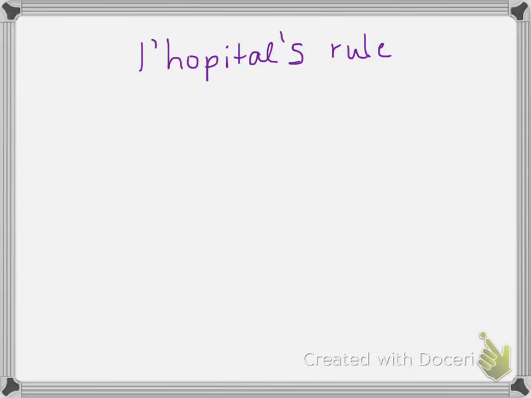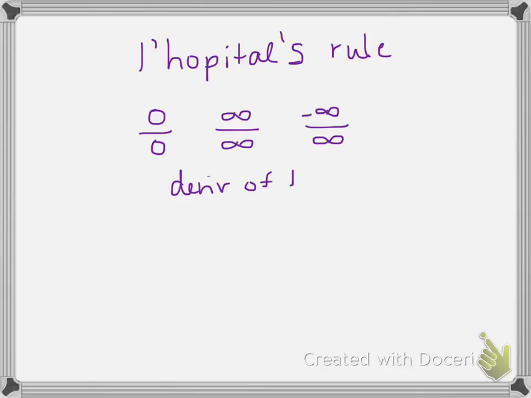So, what L'Hôpital's rule says is that when you're taking the limit, if you have 0 over 0 when you plug in the number, or if you have infinity over infinity, or any combination of a negative infinity, then you can take the derivative of the top, and you can take the derivative of the bottom.